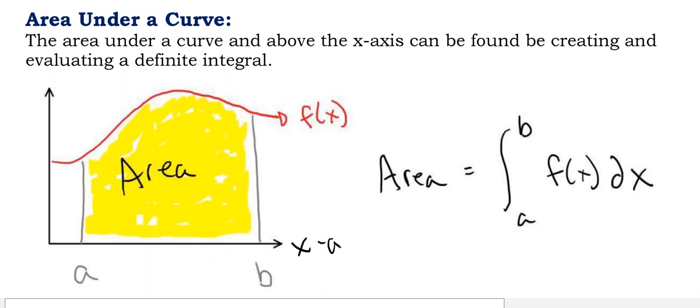Okay, this is the x-axis. So this area, represented by the highlighted yellow, can be found by creating a definite integral. And so we want the definite integral from a to b, the lower bound at the bottom, the upper bound at the top, of the function f of x dx.